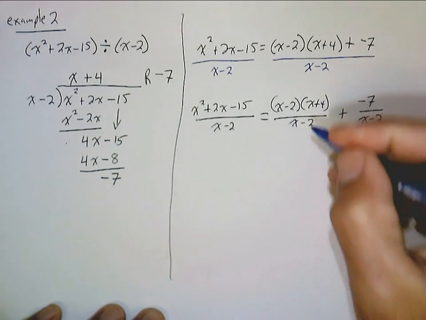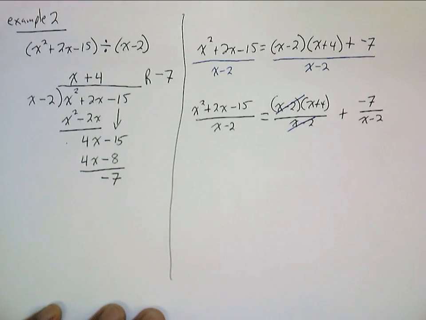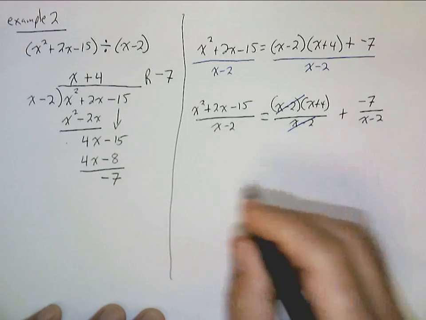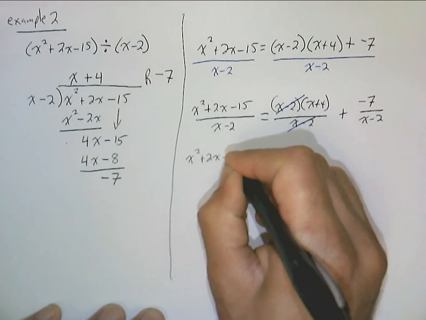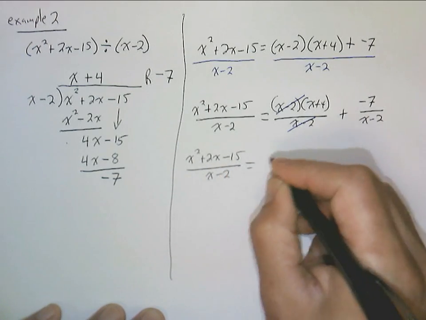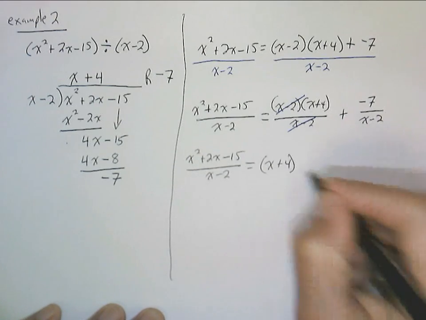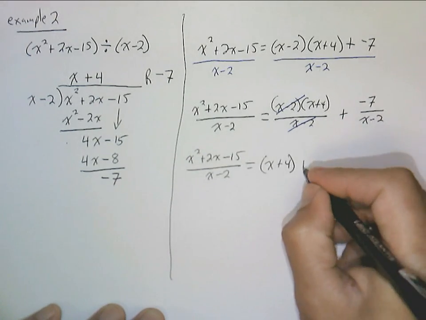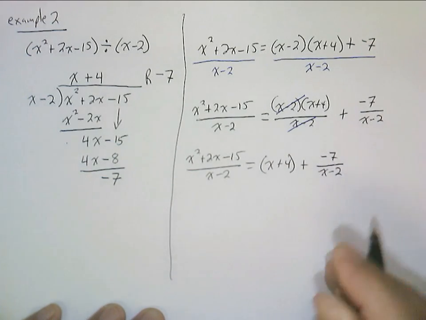And of course what's going to happen here is this factor of x minus 2 on bottom is going to cancel with that factor of x minus 2 on top, showing us that x squared plus 2x minus 15 over x minus 2 is actually equal to x plus 4. I'm going to leave that in parentheses just for the time being, plus negative 7 over x minus 2.